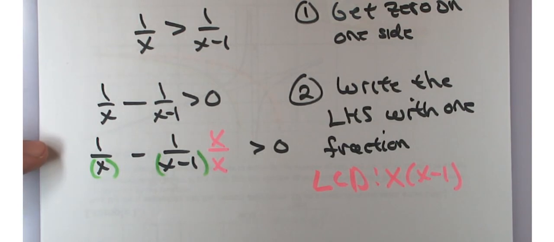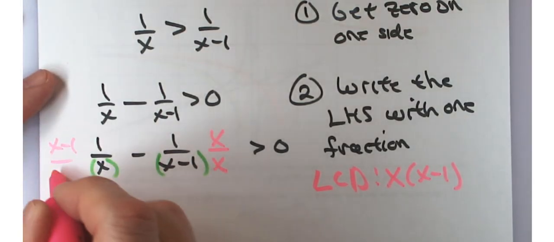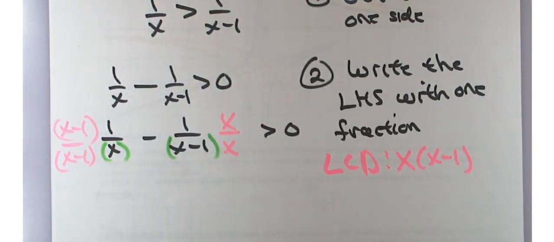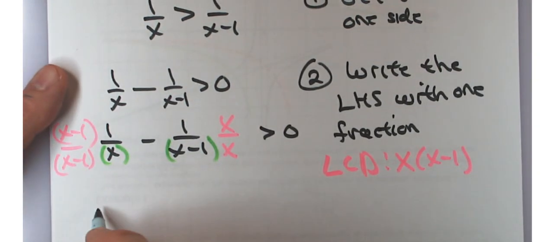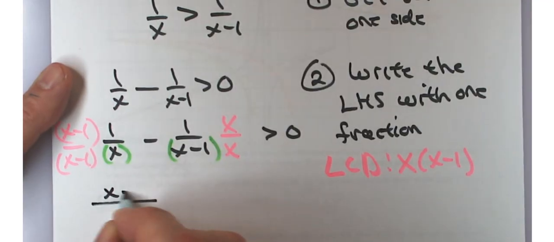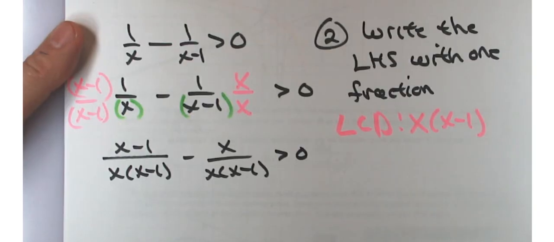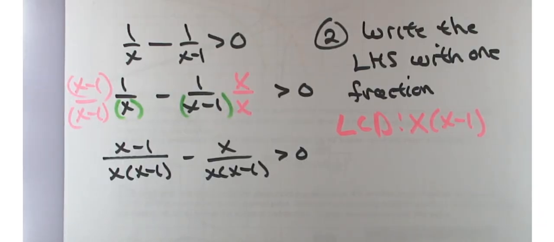What should I multiply this one by? X minus 1. Thank you. So that gives me x minus 1 over x times x minus 1 minus x over x times x minus 1. I still want to know where that's greater than 0.